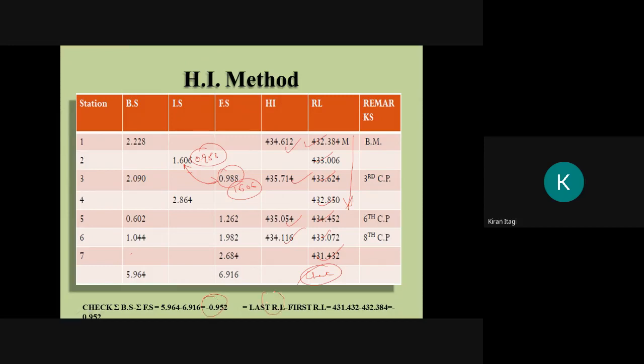This check is meant only for the RL calculation, whether it is correct or not. It won't check whether you have written the readings correctly or not.